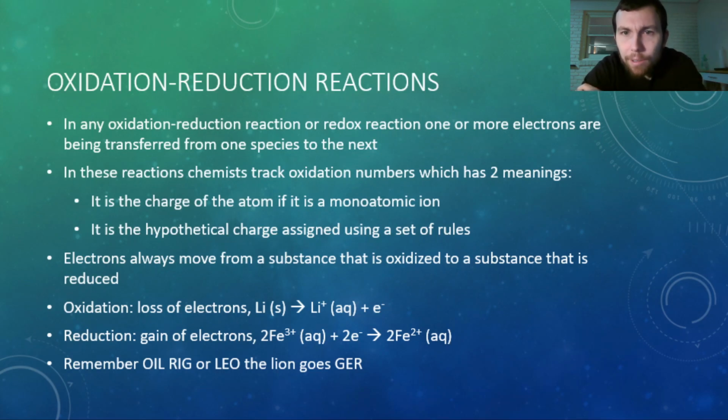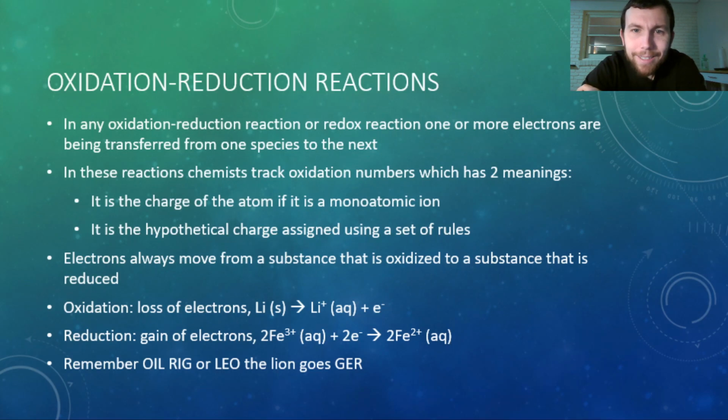The second way that we can use this is that it is the hypothetical charge that's being assigned to an element within a bond based on an assigned set of rules that chemists have agreed upon. Okay, now with that second function, it's going to be a little bit different than just simply the charge. Okay, and we'll look at that much more in depth as we move forward.